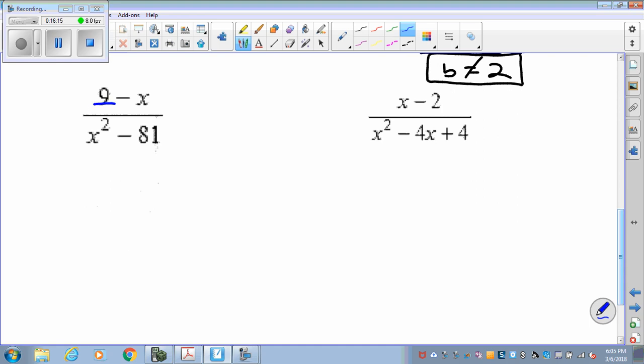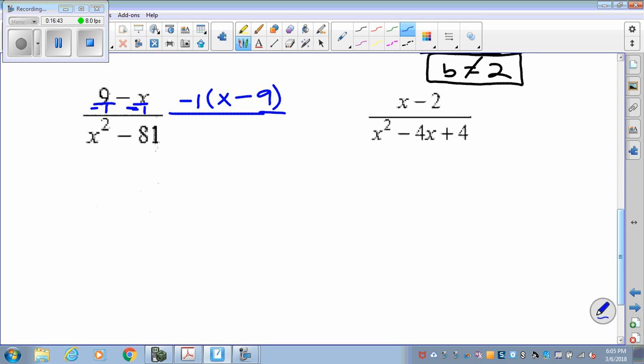I'm going to divide each of these by -1. So I'm going to have a -1 here, and that would be 9, and I want my x first. So negative divided by a negative is a positive, and x divided by 1 is x. And then here I have 9 divided by -1 is -9.